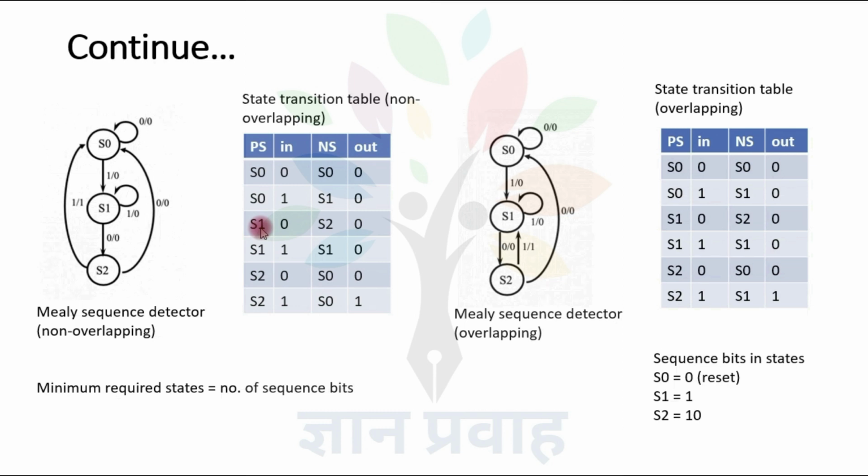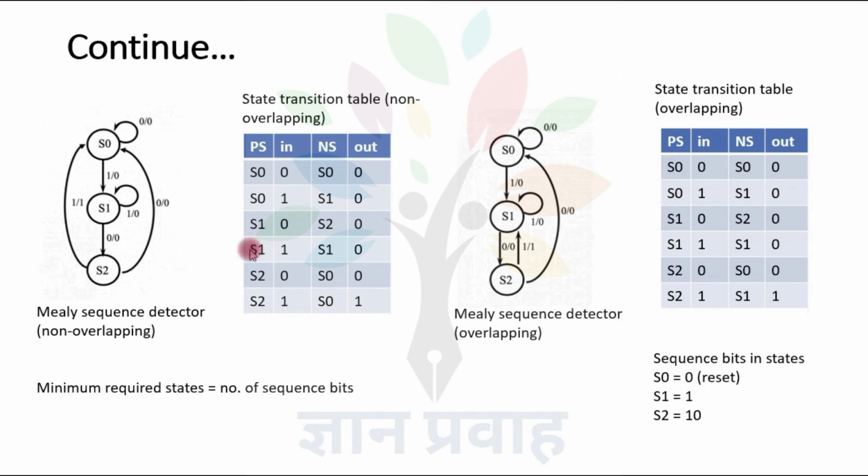In case of the S1 state, when input bit 0 is coming, then we will move to the next state, because it is in the order of our desired sequence, and the output will be 0 for all the cases. Output will be 1 only when we detect our desired sequence, when we are at state S2 and we are receiving input bit 1.